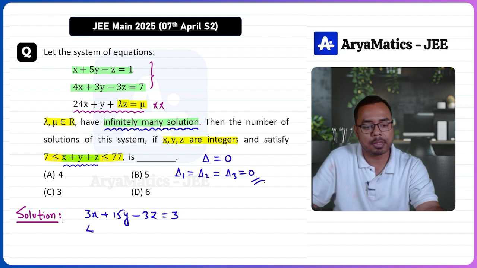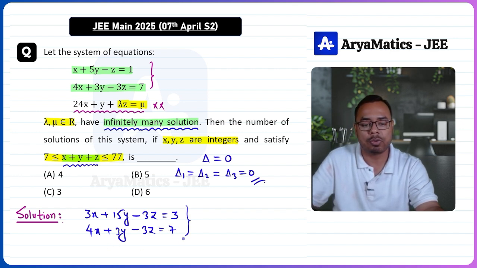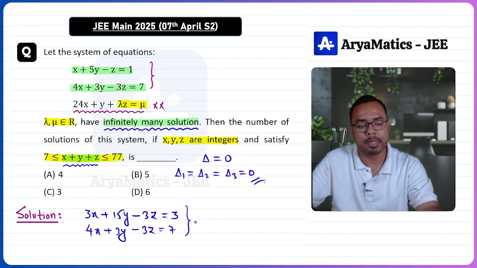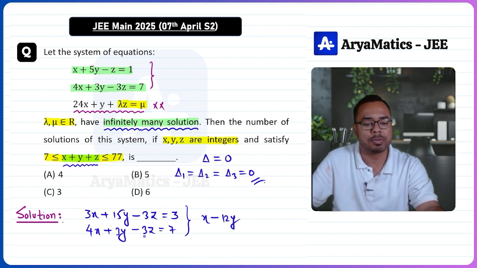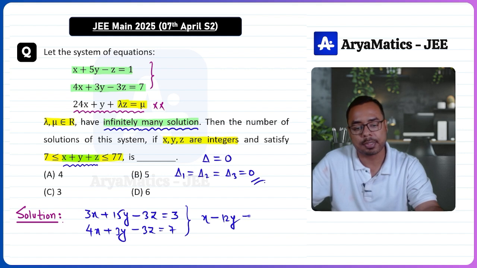And the second equation is 4x plus 3y minus 3z equals 7. Now we can do 2 minus 1, right? Then you can see that 4x minus 3x will be x, 3y minus 15y is minus 12y, z will cancel, and 7 minus 3 will be 4.